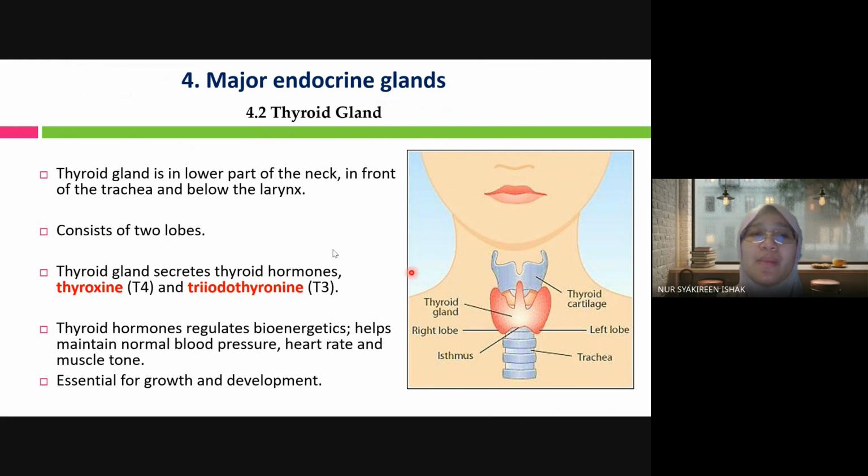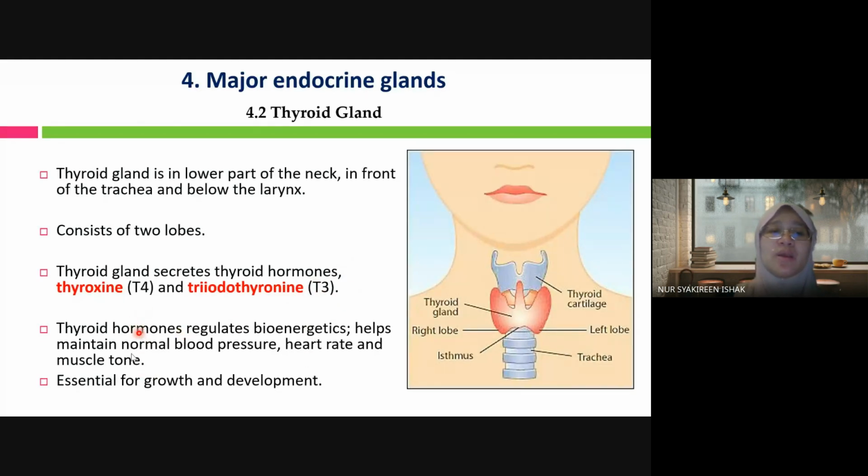The thyroid consists of two lobes, and the function of the thyroid gland is to produce two hormones, dua je hormone dia, which are T4 and T3. T4 is thyroxine, T3 is triiodothyronine, tiga.